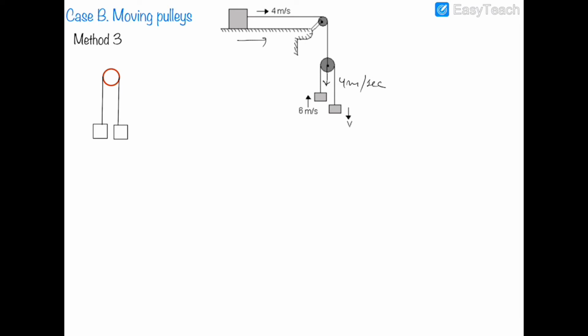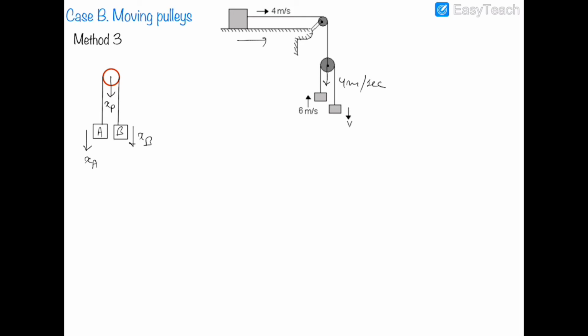So the concept says that if this block A and B are moving downward, XA and XB, and you must be wondering how it is possible that both are moving downward, because the pulley is also moving downward, XP.